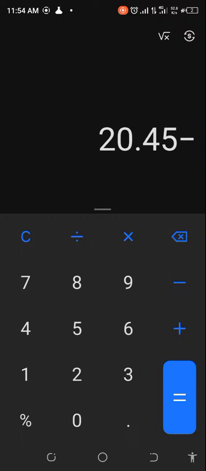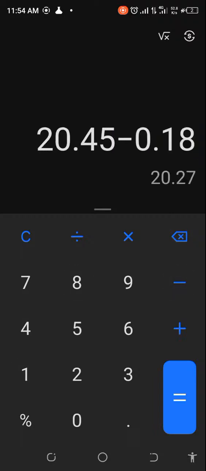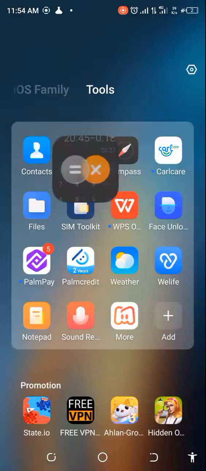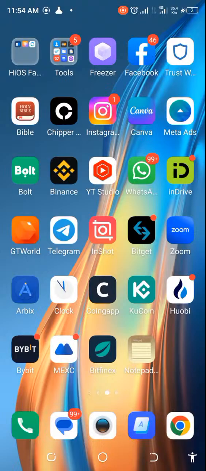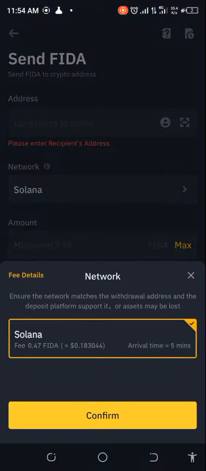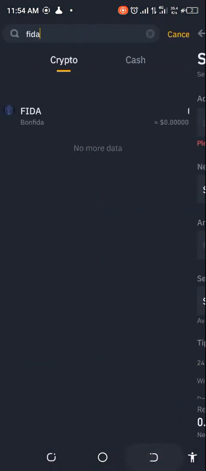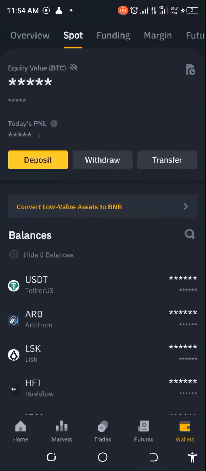Okay, so that's 0.18. Well, that would still give 27 cents. Okay, that's not bad. That's still over 1%. Okay, let's go ahead and do this. So let's quickly do this before it goes down again. Don't forget that opportunities never remain the same.